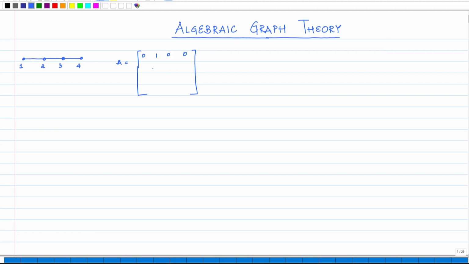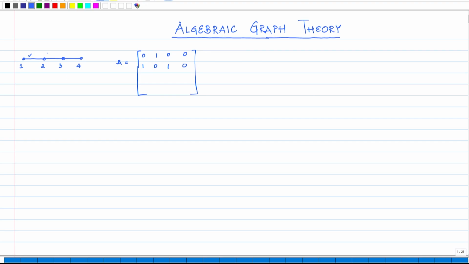So, let us first fill in the entries which are going to be non-zero. The next non-zero entry in the second row would be A23, and we can also see that 2 shares an edge with 1 as well, meaning A21 is also non-zero. The rest are 0.